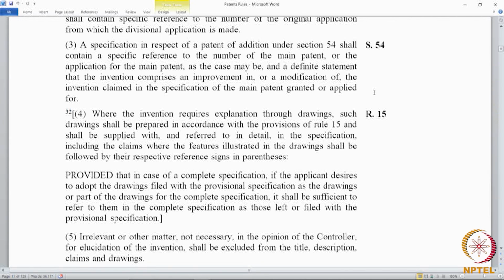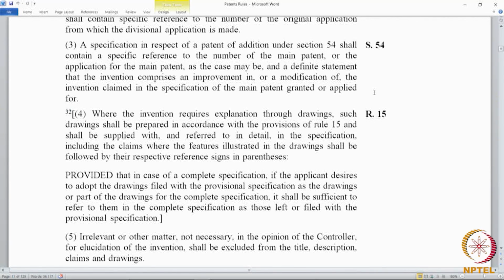If the drawing contains a part of an invention which is numbered as 10, say a bottle cap, then the bottle cap is numbered as 10 in the drawing. So, when you mention bottle cap in the claim, you will include 10 in brackets to show that the 10 is what is being numbered as the bottle cap in the drawing.